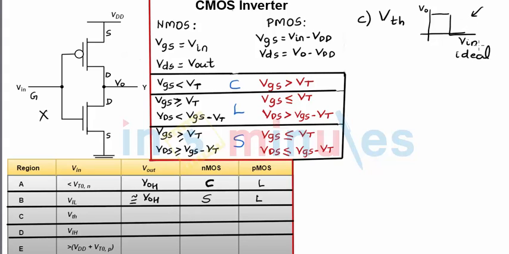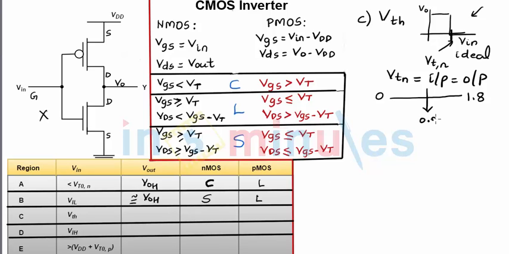And in an ideal CMOS inverter, you want your output to transit or switch at a specific point. And this point is nothing but switching threshold. Switching threshold is a point where your input is equal to your output in an ideal case. Just remember this much. And if I have a range of supply from 0 to 1.8, technically switching threshold should be at the center, that is 0.9.